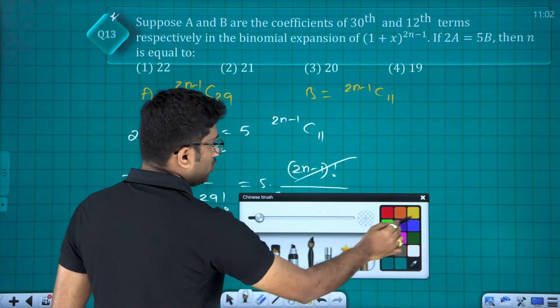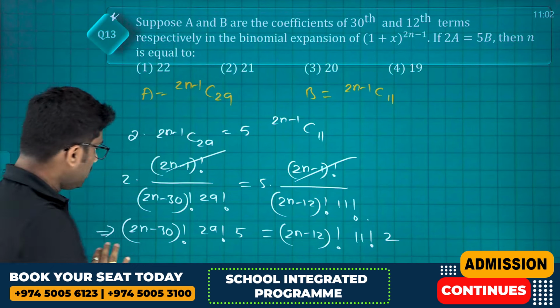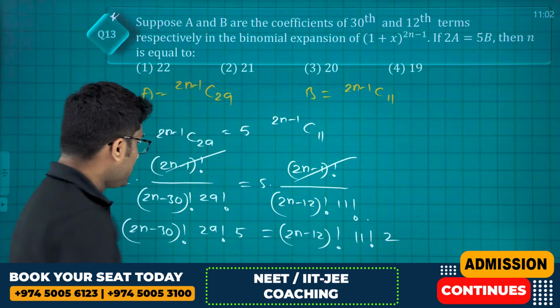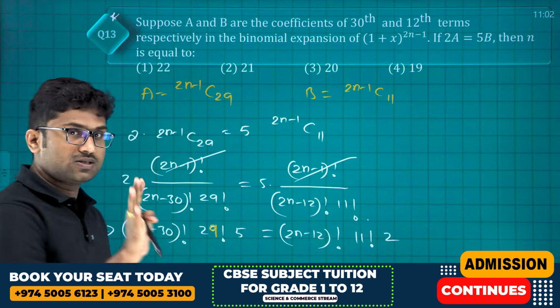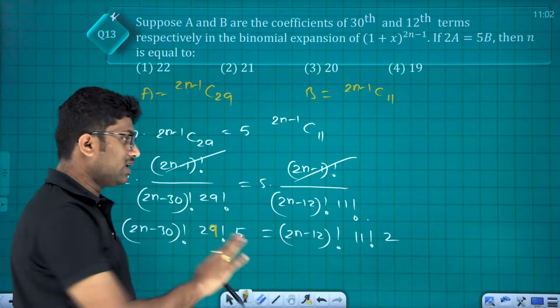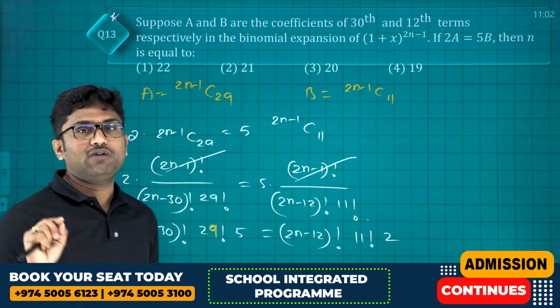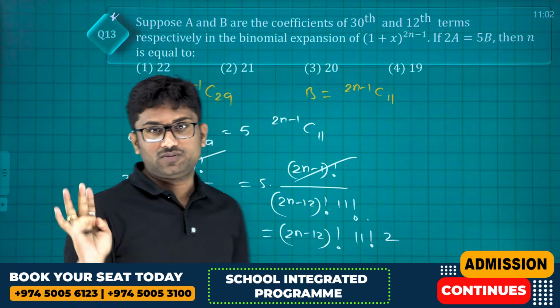The most important thing, friends, is that here we can't get the value of n by normal calculation, general calculations or elimination. The only way to get the value of n is option verification.